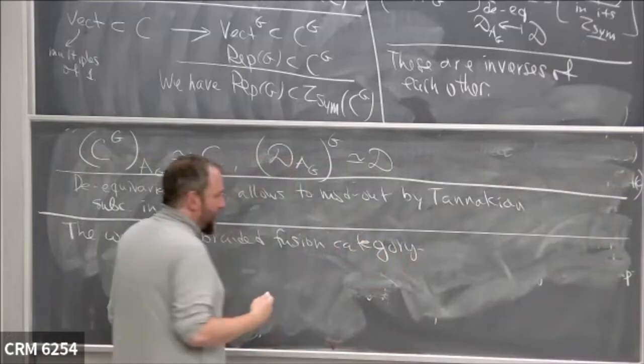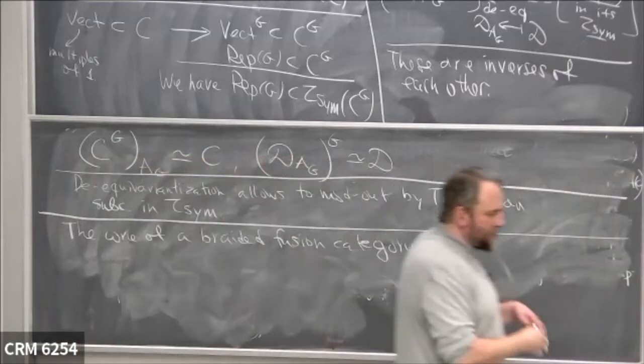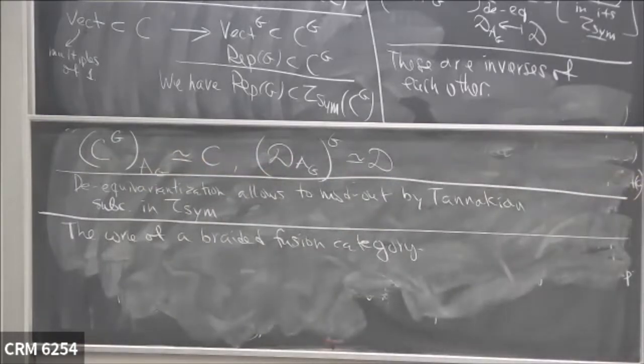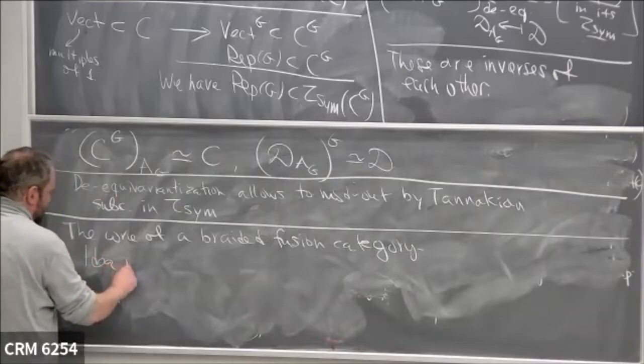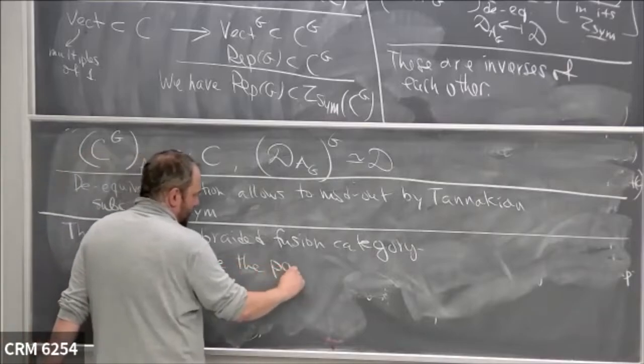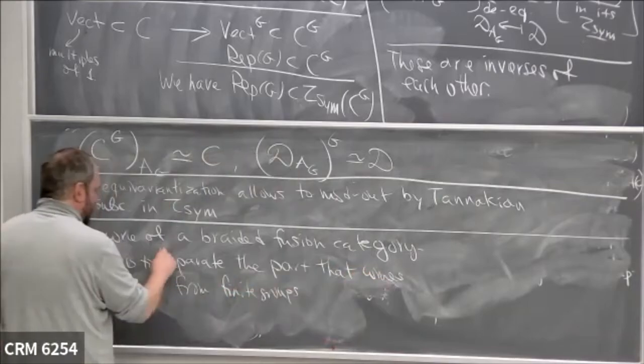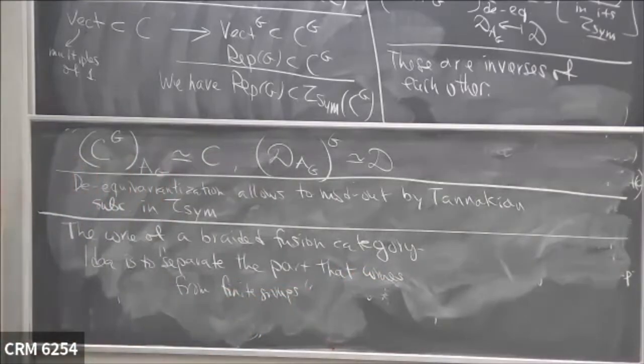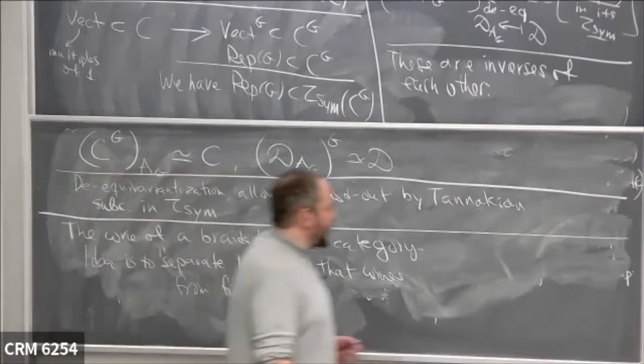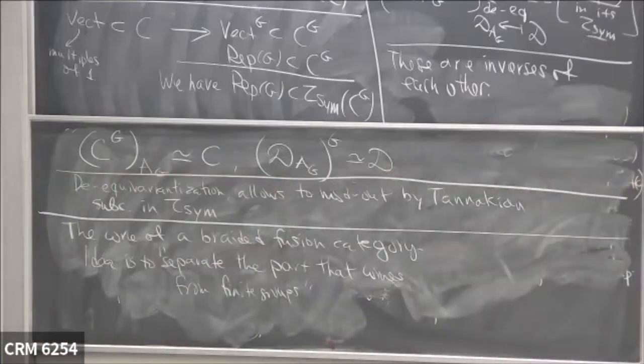The idea behind this is that you want to separate the part of the category that comes from finite groups and leave a truly interesting part. Idea is to separate the part that comes from finite groups. This is rather informal because I didn't specify what exactly I'm planning to do, but let me do it now. So we start with a category C, a braided C.